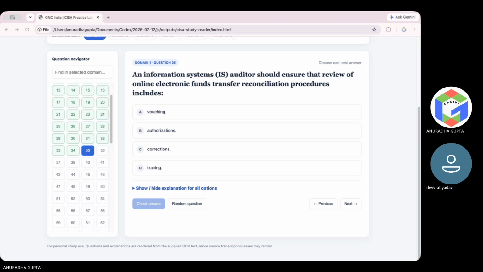Vouching, authorization, correction, tracing.